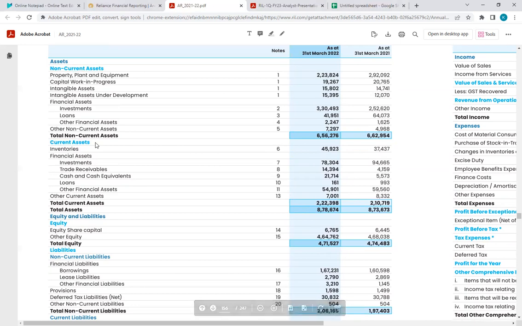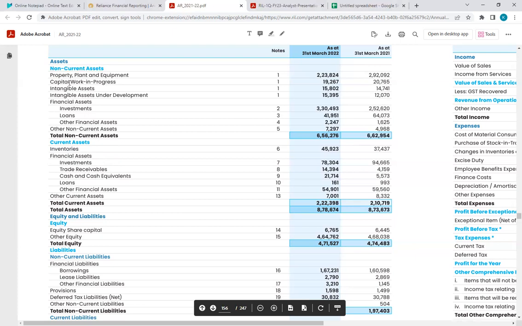For example, if you have cash in hand, that is a completely liquid asset for you, so you can use it immediately. Whereas if you have any inventory or stock, it will be converted into cash in the next 1 or 2 months.